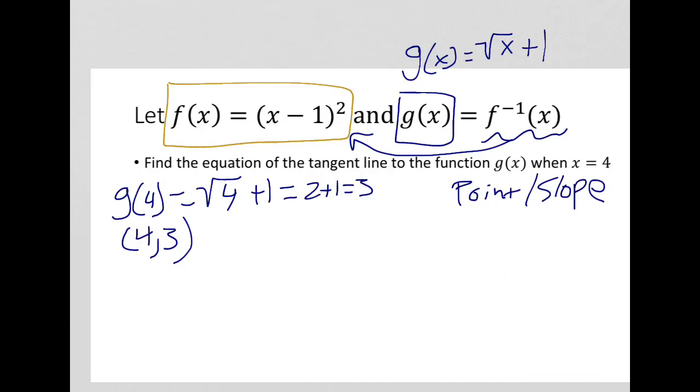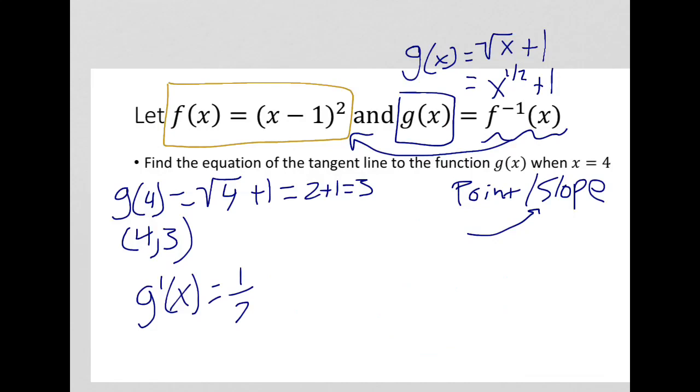So let's keep going. What do we do now? We have our point, so now we need to find our slope. So we need to take the derivative, g prime of x, using the power rule. First off, remember that we need to write this as x to the 1/2 plus 1. That way we can use the power rule, multiply 1/2 out in front of that function.